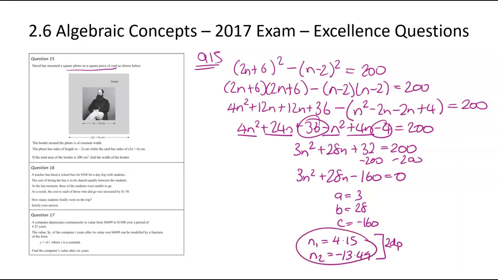So we've now got to think, we've got a quadratic. Sometimes there are false answers, and in this case, there's probably going to be a false answer because n can't be two numbers. And if you think of that bottom number, if we put n into n-2, that's going to be negative 15.49, and we can't have a negative measurement in relation to a photo, so we're going to eliminate n2. n2 equals false answer.